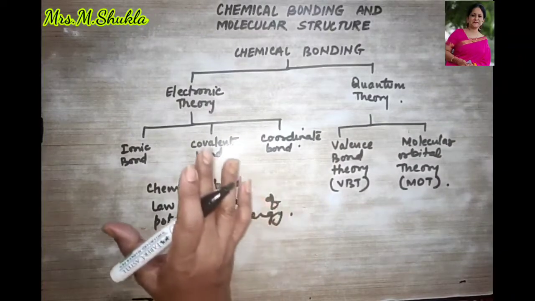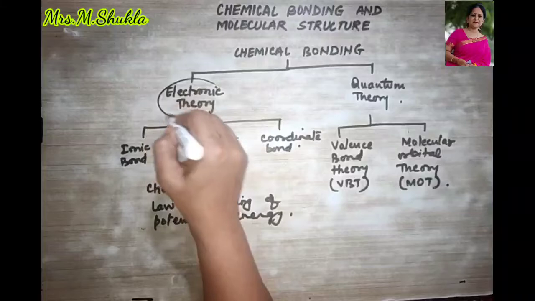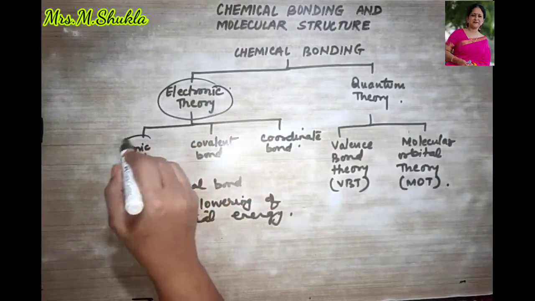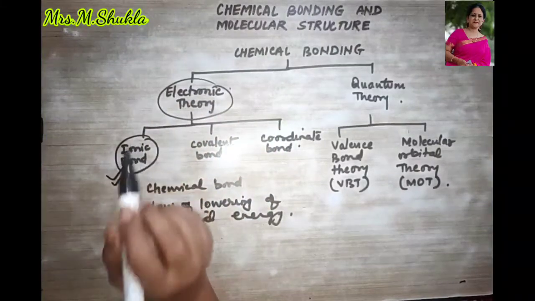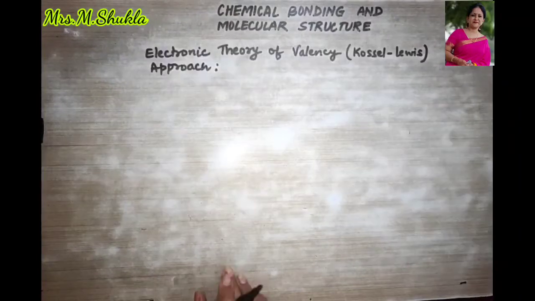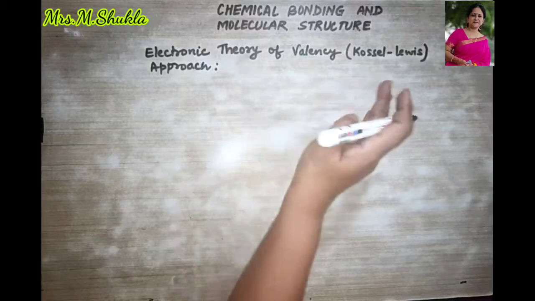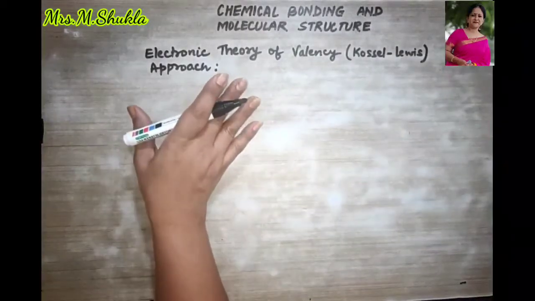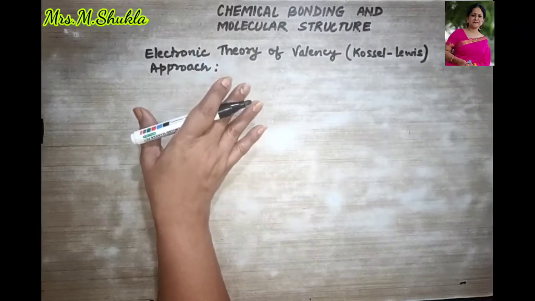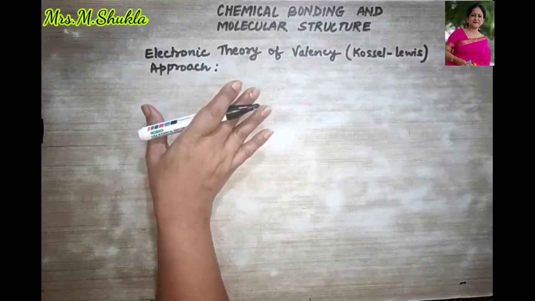Now we shall move to the electronic theory first, where we are going to study about ionic bond today. So let us understand the electronic theory of valency, that is the Kossel-Lewis approach. This theory is completely based on the electronic concept of atom.